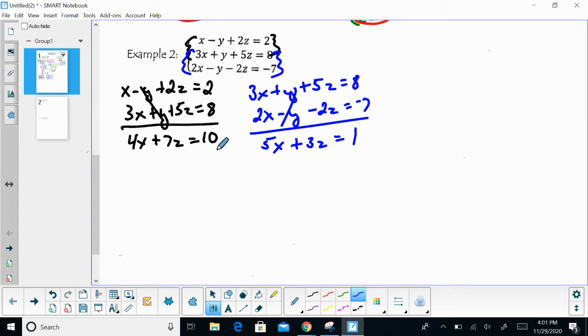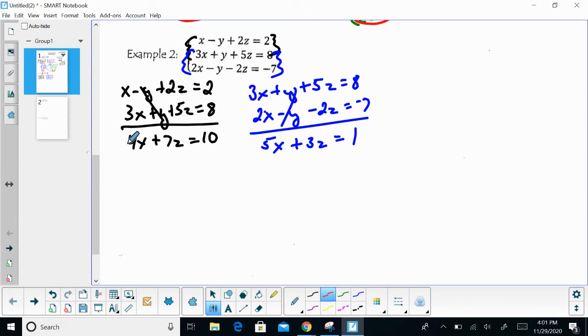Now comparing these two, you have the option to either do substitution or elimination. If I'm looking at these two, we can do elimination. To do elimination, it's not going to really matter if I do x or z first, because either way I'm going to have to multiply both equations by something.